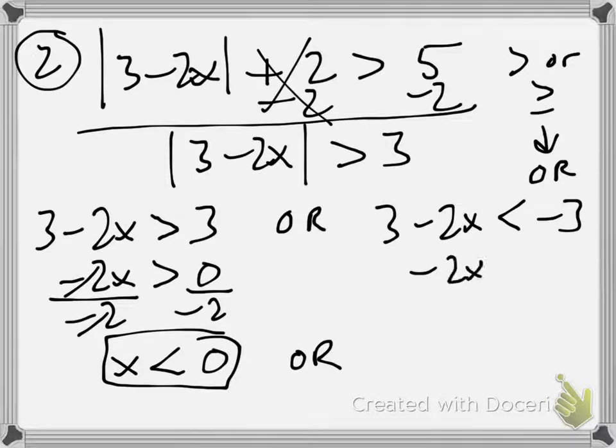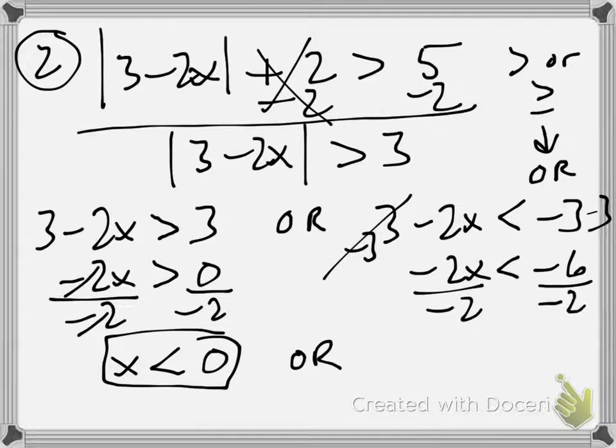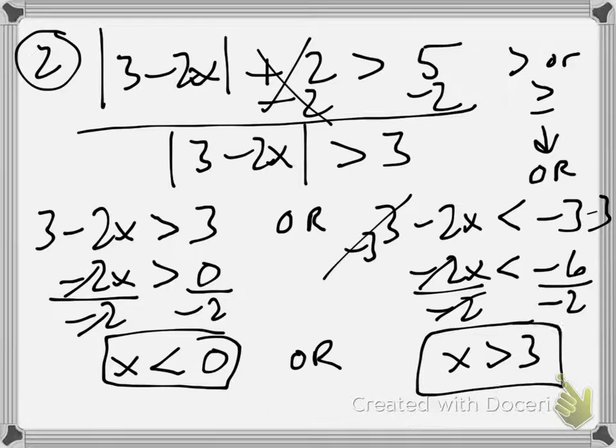Minus 3 to both sides, but the difference now is you've got negative 6. So if you subtract 3 and subtract 3, okay, those go away, but negative 3 minus 3 is negative 6. Again, divide by a negative. Anytime you divide by a negative, you take that less than sign and you flip it. And this is actually positive 3.